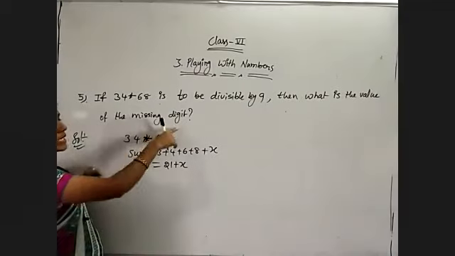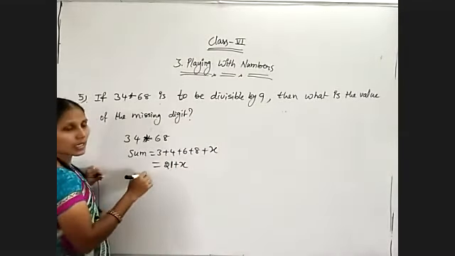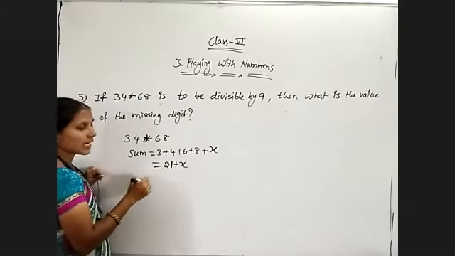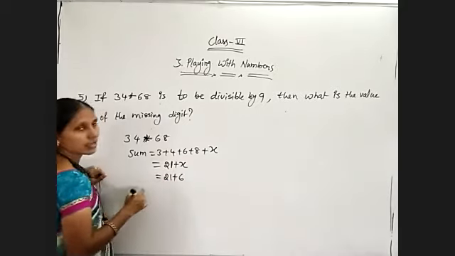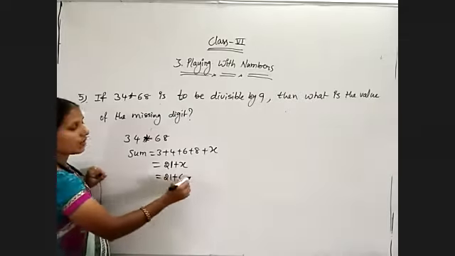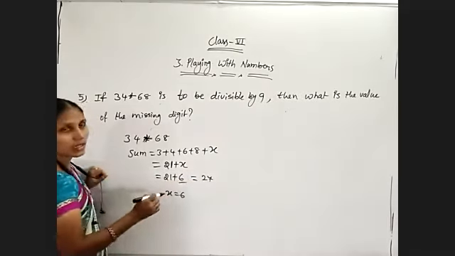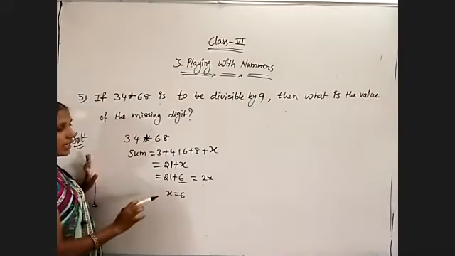What is the missing digit? 21 plus x. So take the 9 table and find out. 9 2s are 18, 9 3s are 27. If x is equal to 6, then the sum is 27. So 27 is a multiple of 9, and then the resultant number is divisible by 9.